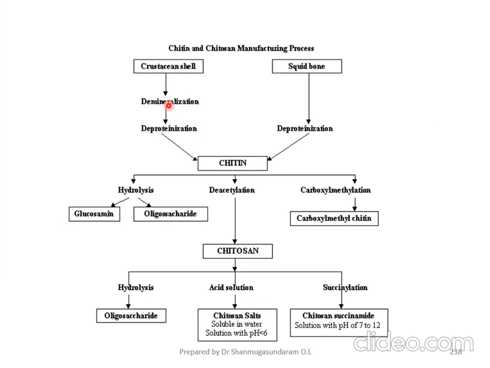The removal of minerals is called demineralization. Finally you get chitin. Once the chitin polymer is obtained, you remove the acetyl group present in it. That process is called deacetylation. So what polymer do you get? Chitosan polymer.